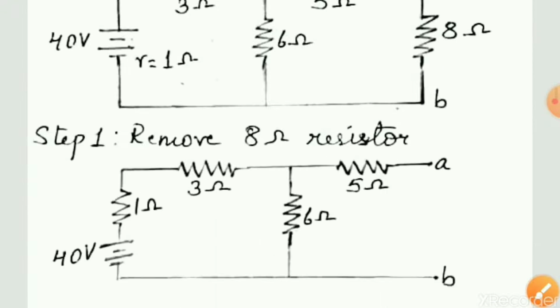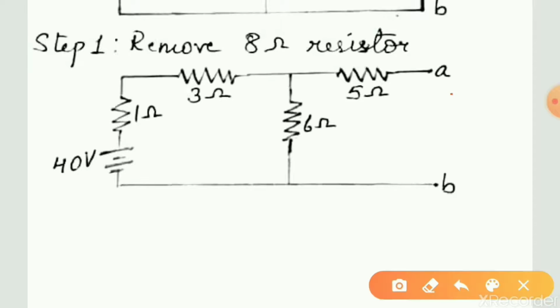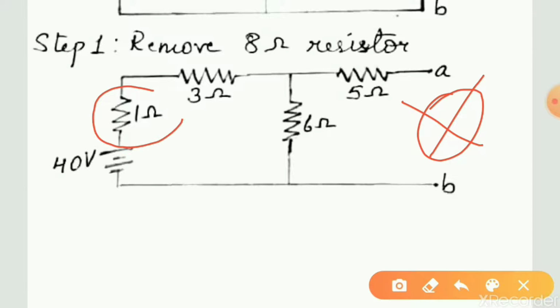So step 1, as we had studied, was to remove load resistor RL. We have removed 8 ohm from the circuit. And the question stated that there is a 1 ohm resistor as internal resistance for battery, which is drawn here.